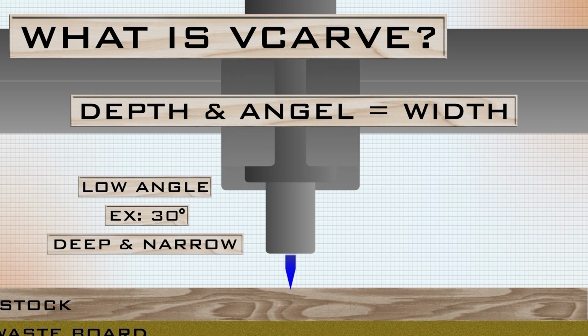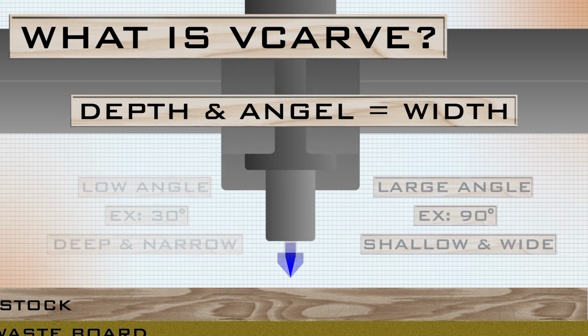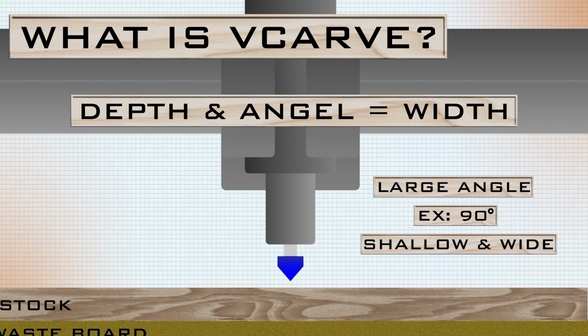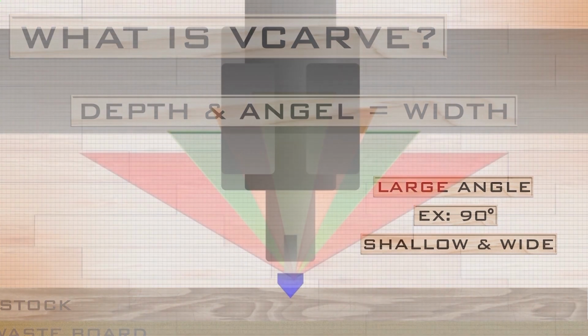Now, with a large angle, say a 90 degree, you're going to get a shallow and wide cut. How far down this goes is going to determine how wide your cut is.